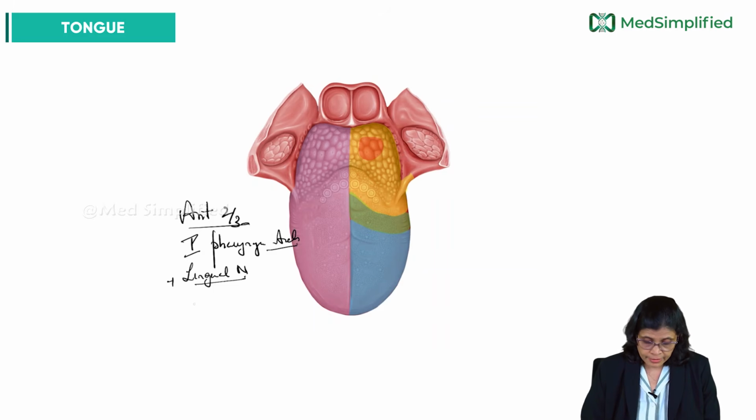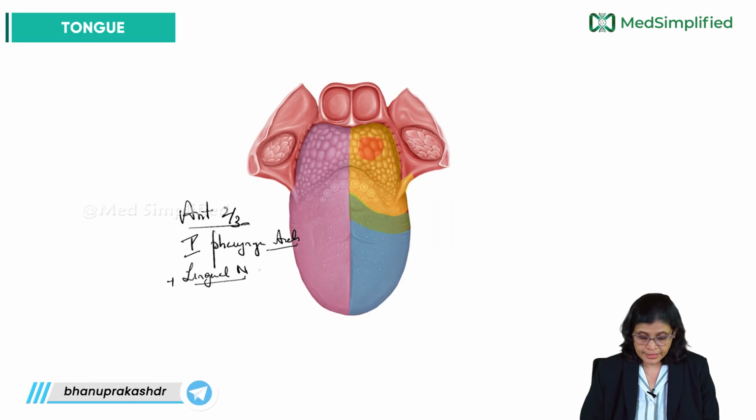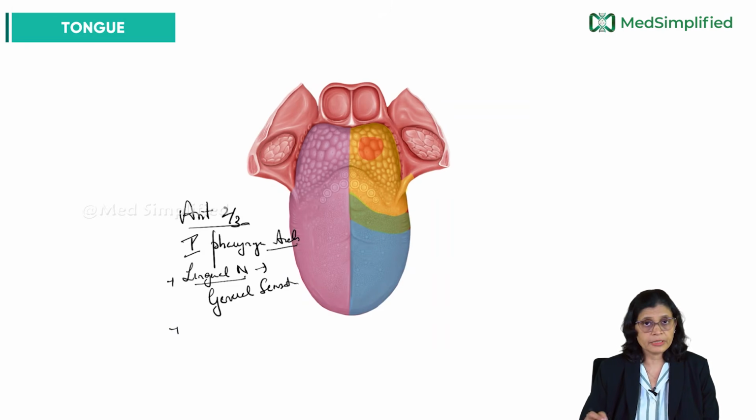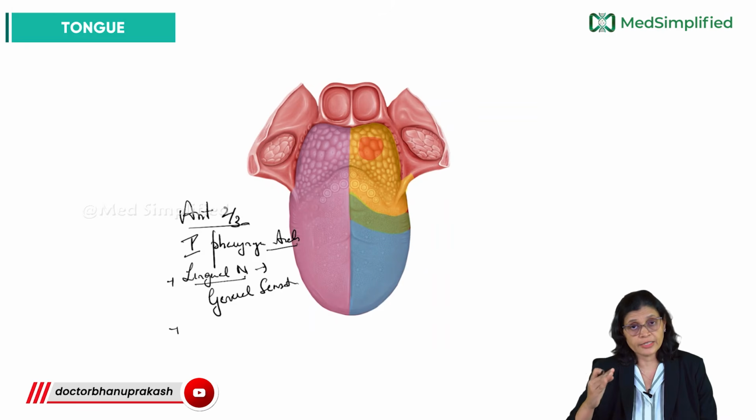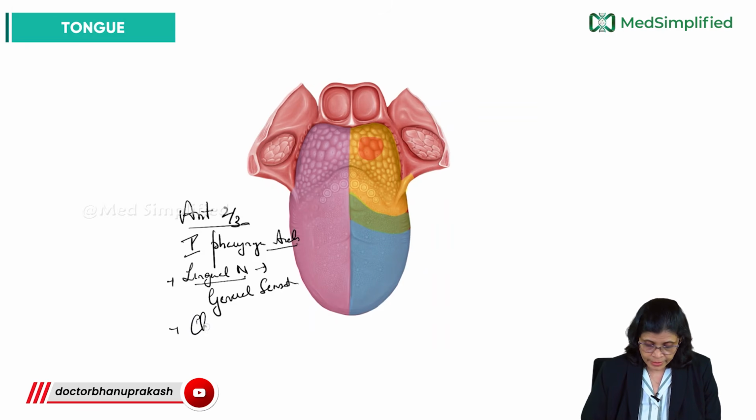So the lingual nerve carries the general sensations, and then we have the chorda tympani, which is the pretrematic nerve. It is basically a branch of the facial nerve which carries the special sensations from the anterior 2/3 of the tongue.